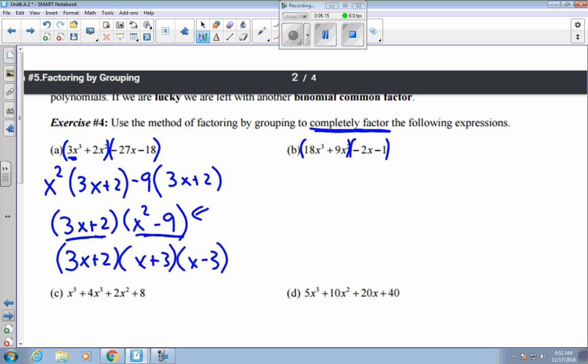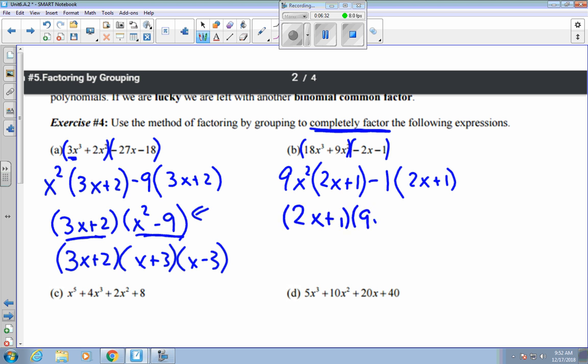Letter B, group the first two, group the second two. I take out the GCF, which is 9x squared. I'm left with 2x plus 1. I need to have a 2x plus 1, or it's not going to work. So therefore, I factor out a negative 1. So then I have 2x plus 1 times 9x squared minus 1. Again, no other GCF.